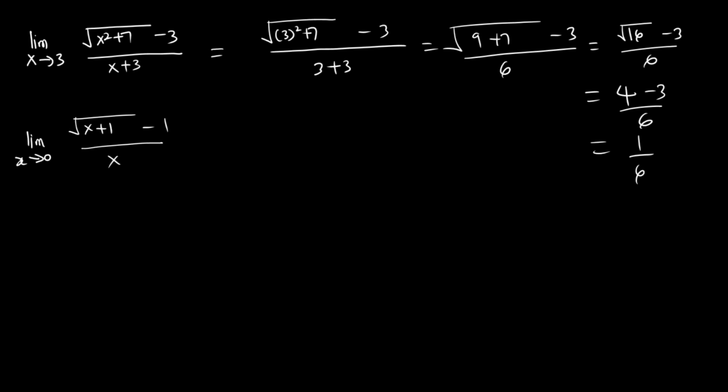You should check whether the denominator is not 0. If you do the substitution, you're going to have the square root of 0 plus 1, minus 1, divided by 0, and this gives us 0 over 0, which is indeterminate.